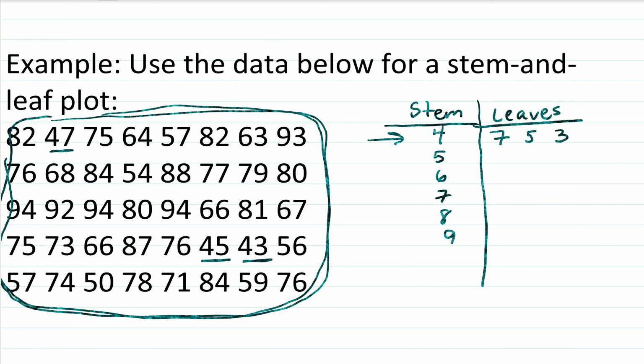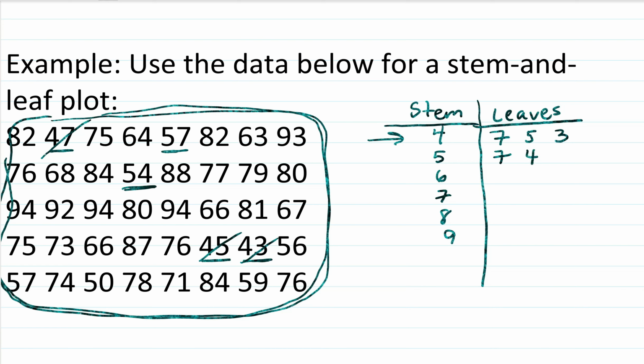Okay, so now I'll go back and look for any number that is in the 50s. First row, I see a 57, right? So 5 is the stem, 7 is the leaf. Keep going to the next row, I see a 54, so I put a 4 in the leaf.